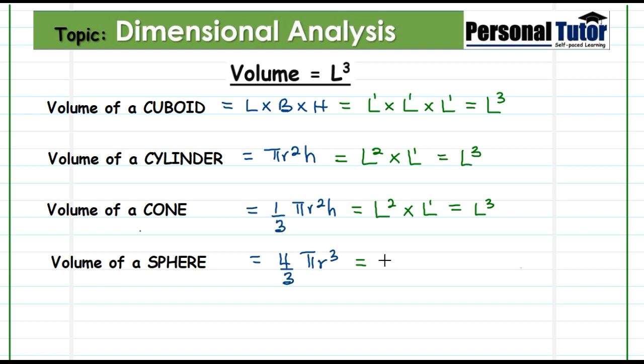The r has its unit as L and also to the power 3. So friends, that is to say, whichever volume you know of any shape has still got its dimensional equation to be L exponent 3. So that is the end of our lesson for today.